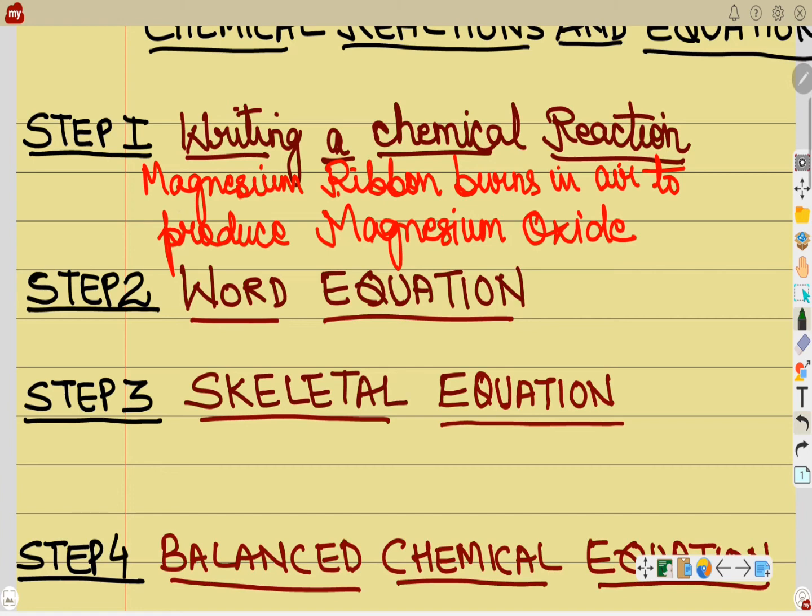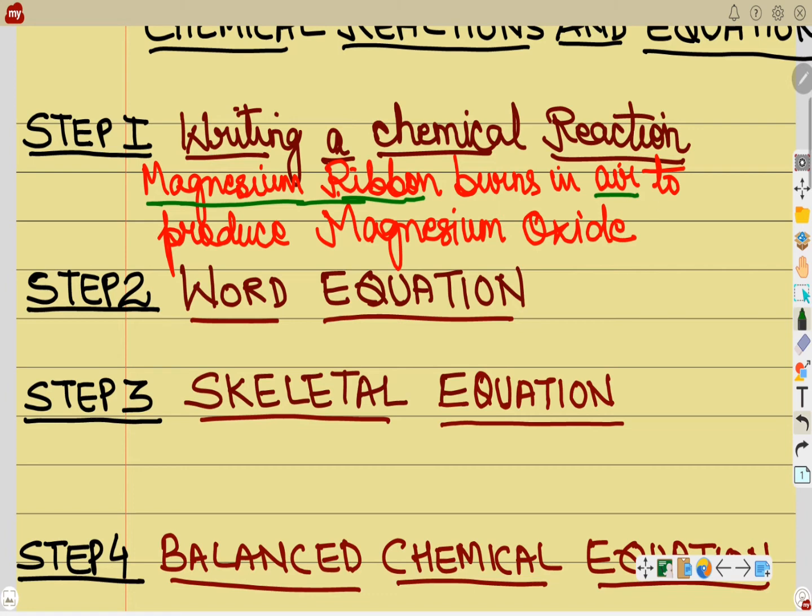That means magnesium combines with air, so what are the reactants which combine with each other? One is magnesium ribbon, and it burns in air. Which component of air helps in burning? That is oxygen. So we have found two reactants here: magnesium and air, meaning oxygen.